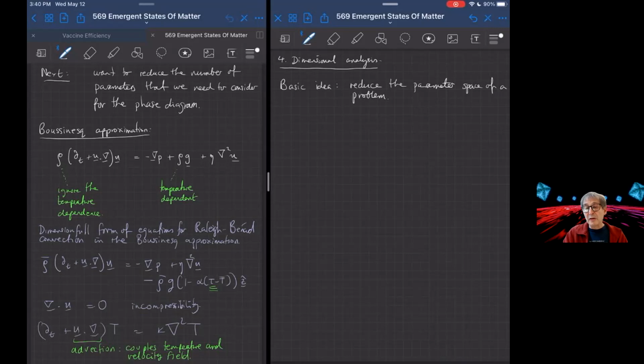And that can be very useful because it can show how the problem at one scale can be related to the problem at another scale. So this is useful because it can allow us to relate different versions of a problem at different scales.